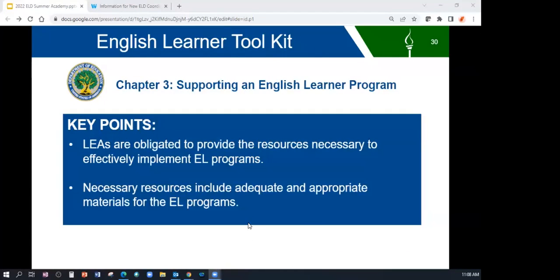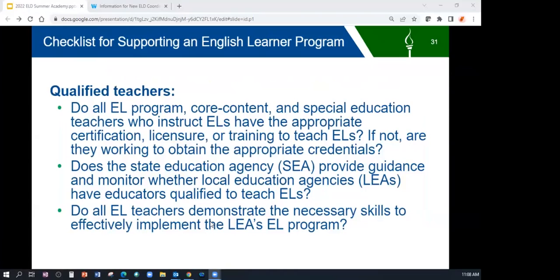Some key points here are that you are obligated to provide the resources necessary to implement your EL program, and that they include adequate and appropriate materials for the ESL program. One of the things about qualified teachers, you have to ask, do all EL programs, core content, and special education teachers who work with English learners have the appropriate training to teach English learners? If not, is someone working on that?